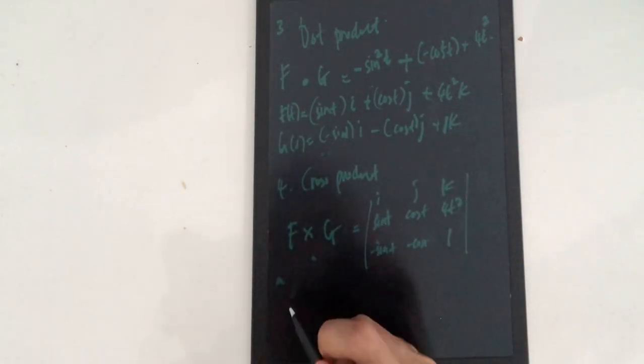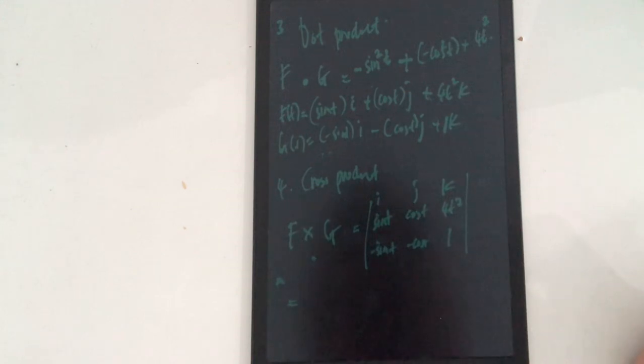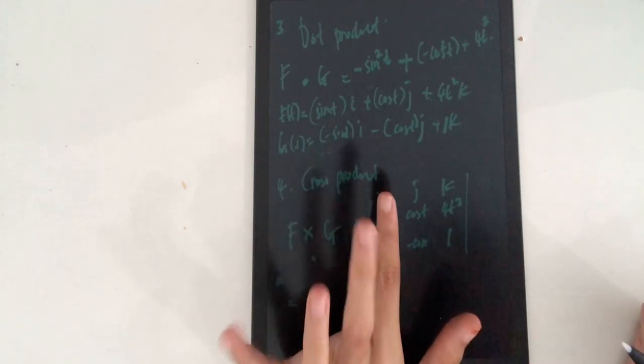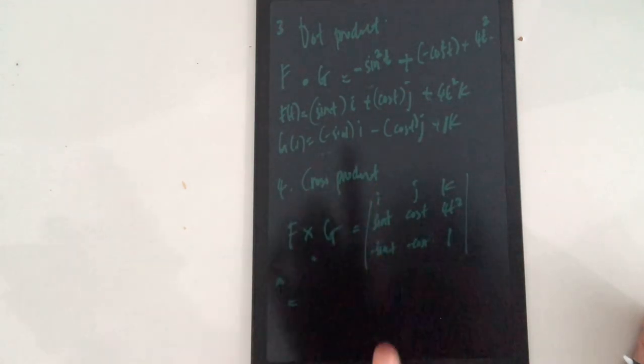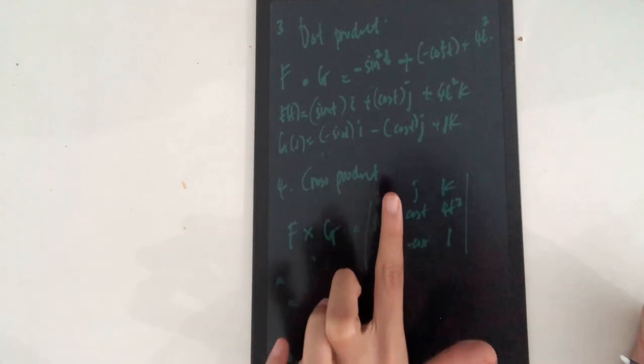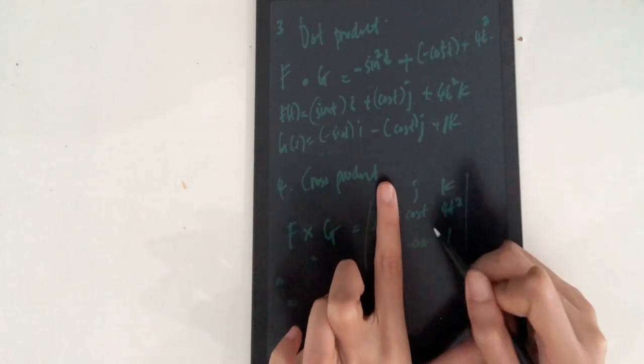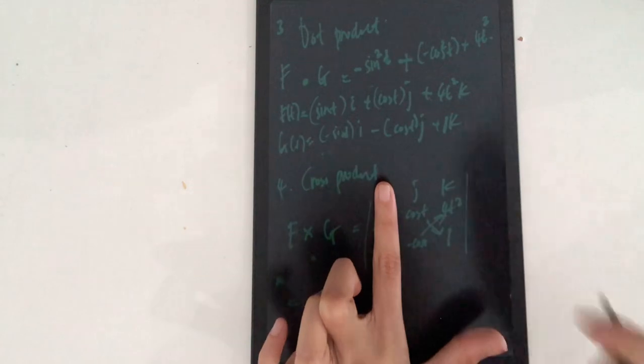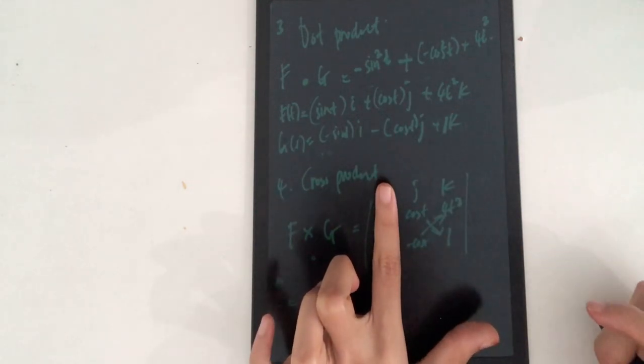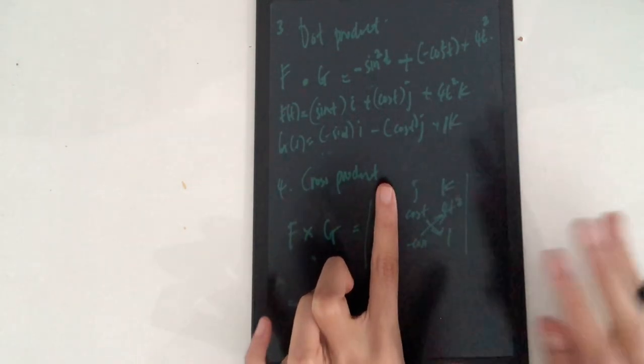So how to find the multiplication by using cross product? To determine i, you need to close column i and then you cross multiply. It's similar to how you find the determinant before. Sama juga macam AD minus BC. Konsep yang sama.